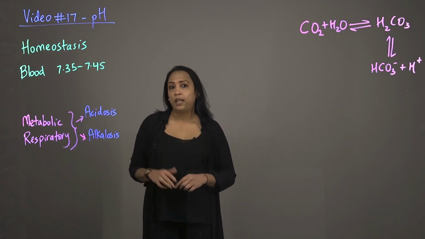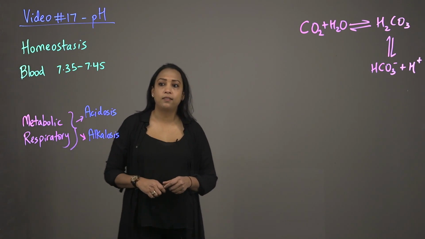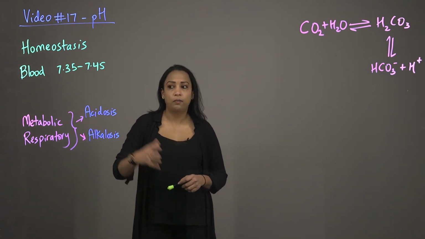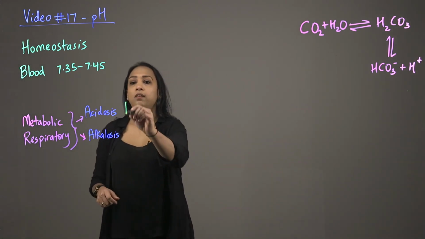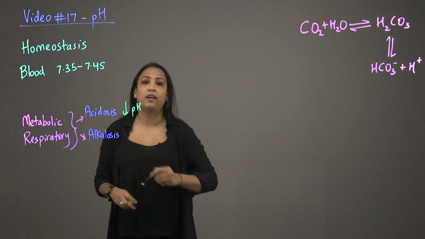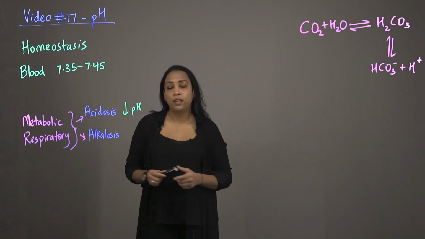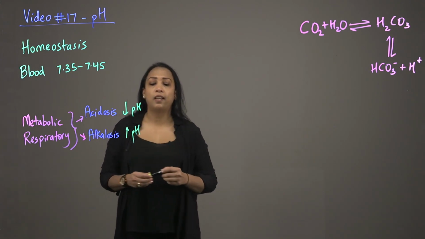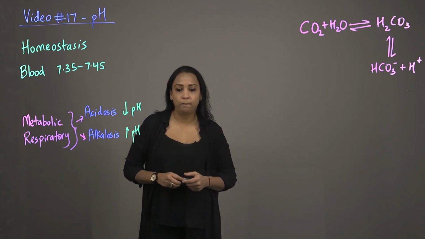Now, lower pH values are associated with conditions known as acidosis. And we can have two types of acidosis, either metabolic or respiratory acidosis. So acidosis, low pH values. On the other side, higher pH values are associated with alkalosis. And again, we can either have metabolic or respiratory alkalosis.